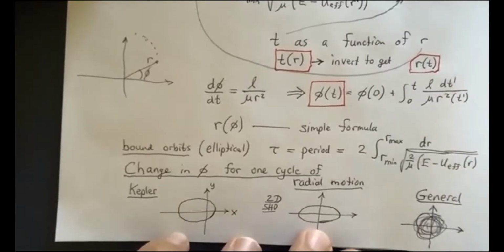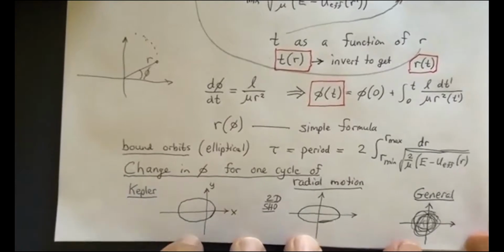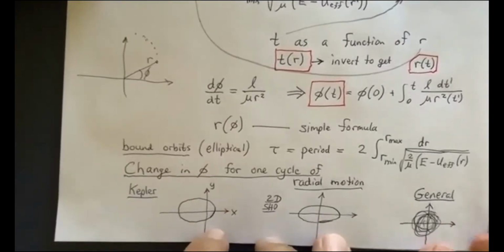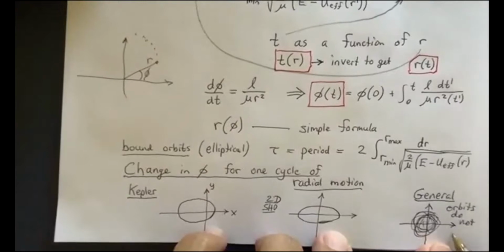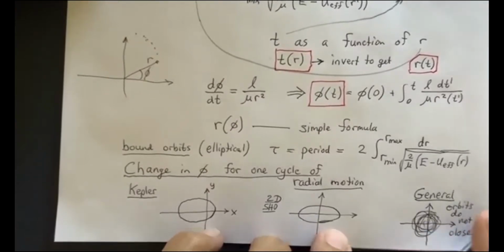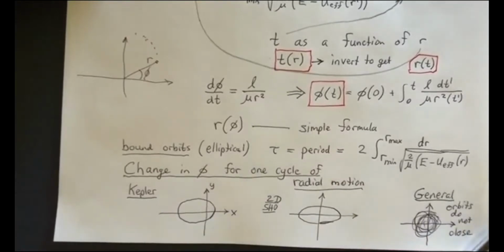In general, the orbits do not close. Let's see if I can write that here. Orbits do not close. So this is a remarkable comparison here, and let's appreciate what's going on.